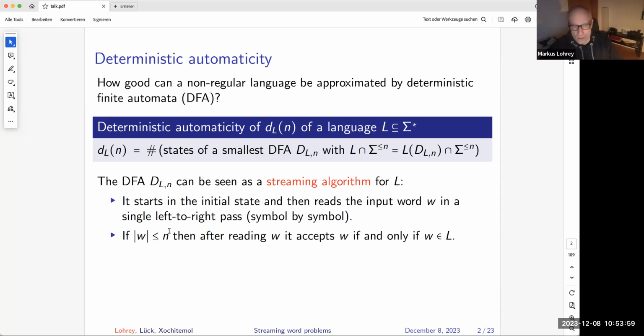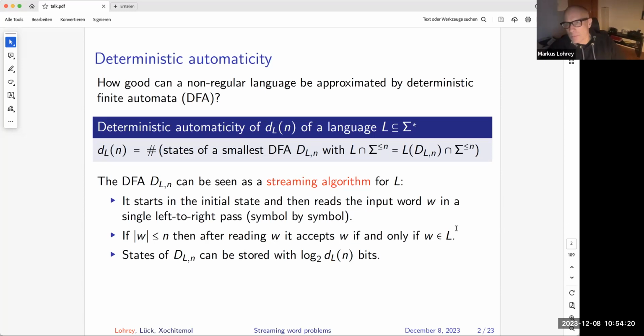If you know that your input word has length at most n, then after reading w, it accepts the word only if it belongs to our language L. That's roughly the connection to streaming algorithms. I will probably come back to this.